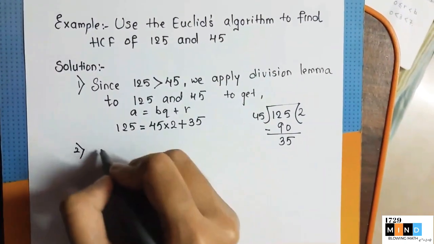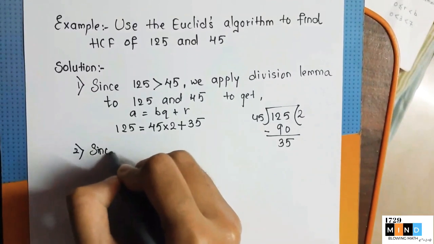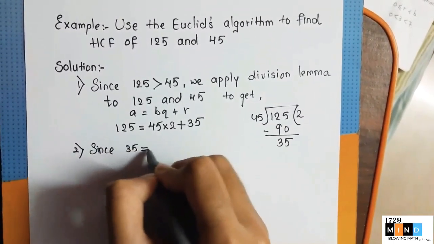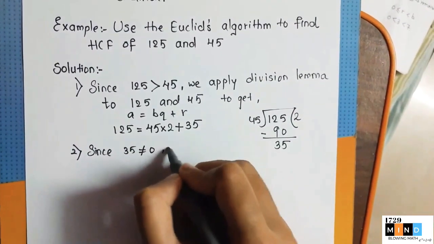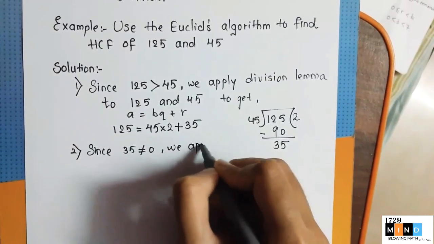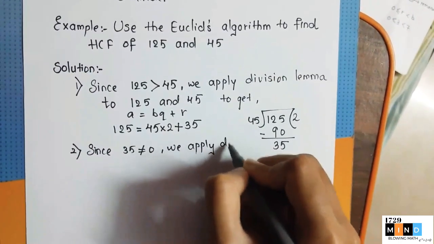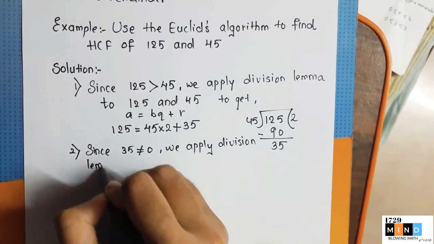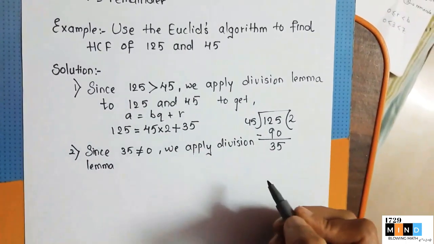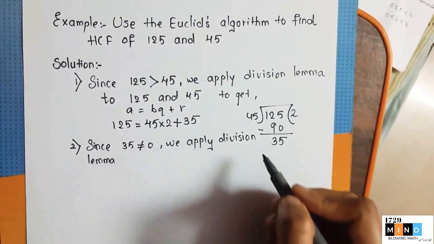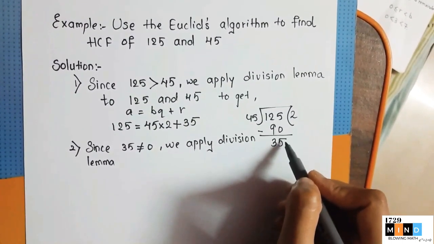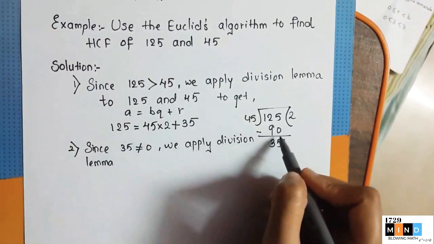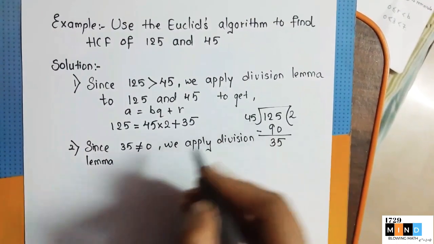What is the next step? We have to write: since 35 is not equal to 0, now we apply division lemma. Where will we apply it? We will apply this division lemma to the remainder, and the dividend will be 45.